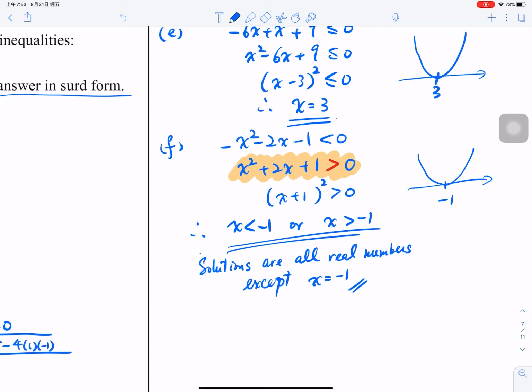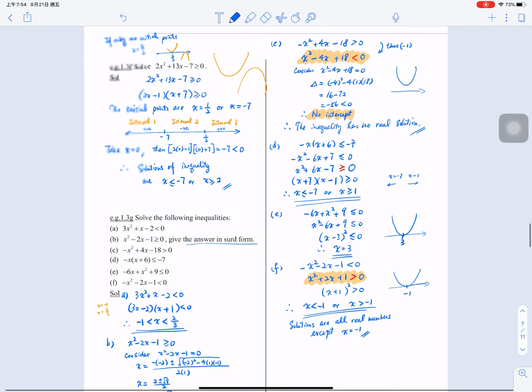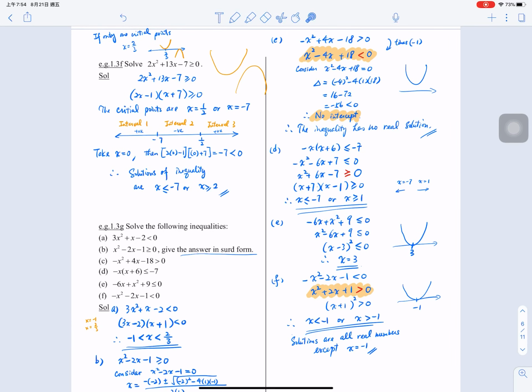That means x not equals to -1. But the others all are the solutions. Okay? So you see that we mix up two different methods. One, we think about the quadratic equation, and after you know the factors, two sides or in between. Sometimes smaller than 0, that means in between. Greater than 0, that means two sides.